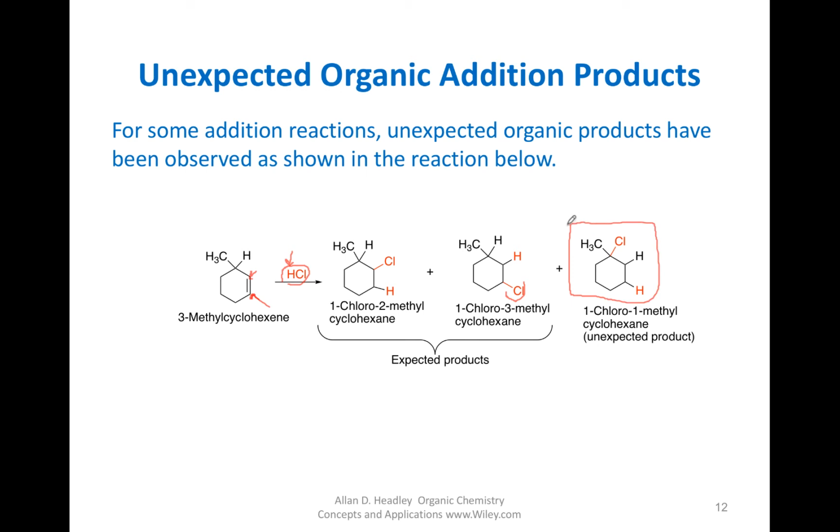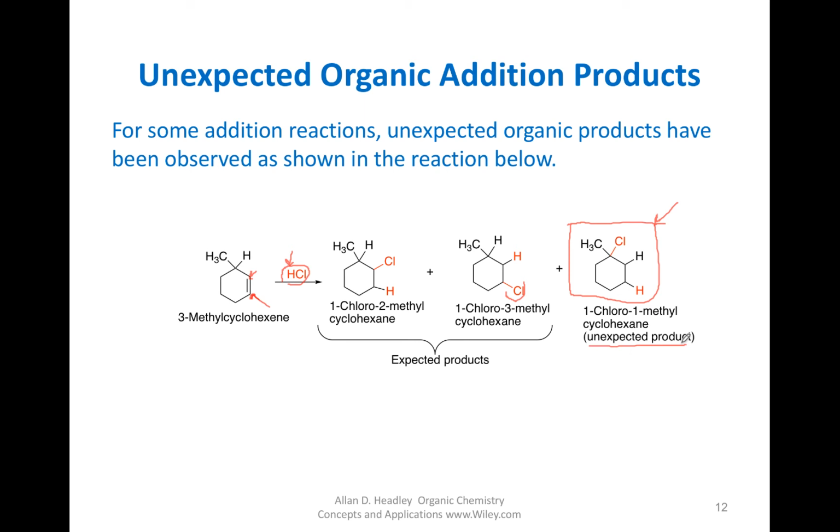After you finished your reaction and did your isolation, you would see that this is a product that's probably the major product, and it's one that's unexpected. As chemists and as scientists, we're curious. So we're curious to find out, where did this product come from? How was it formed?